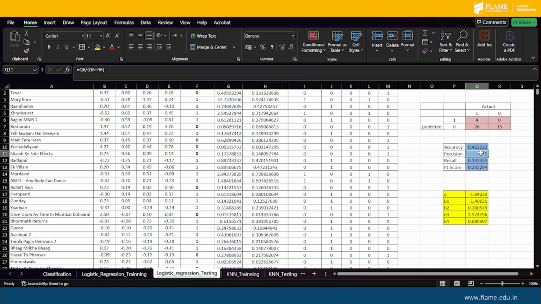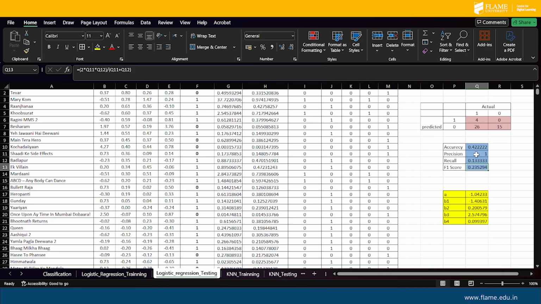Next one is the recall. Here it is 4 divided by 4 plus 26. So this formula you can consider for calculating your recall. And finally your F1 score is the harmonic mean of these two values, precision and recall.